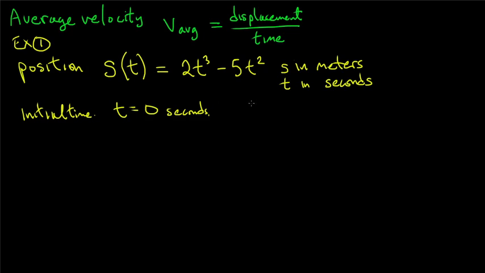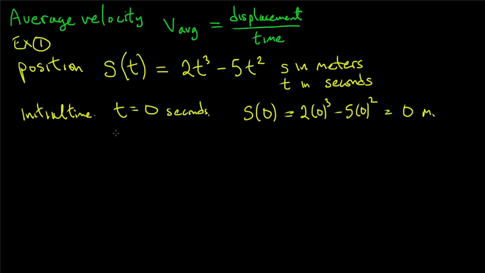So where are we at 0 seconds? Just plug in t equals 0. We get 2 times 0 cubed minus 5 times 0 squared, and that's just 0 meters. So we're starting at position 0, which just makes sense.